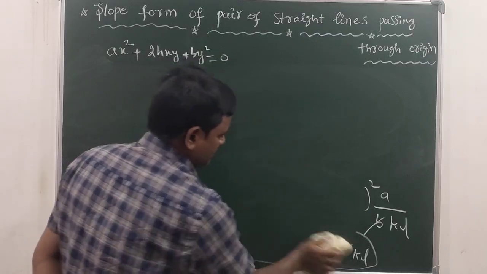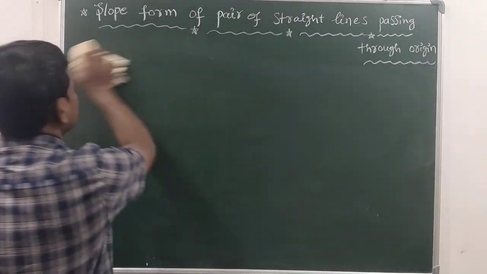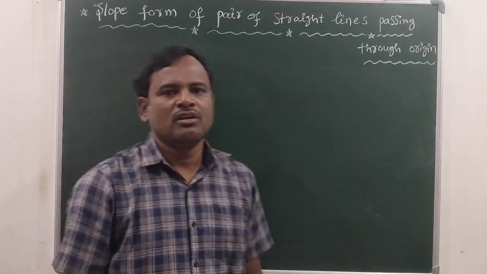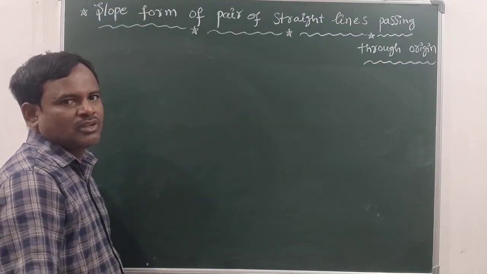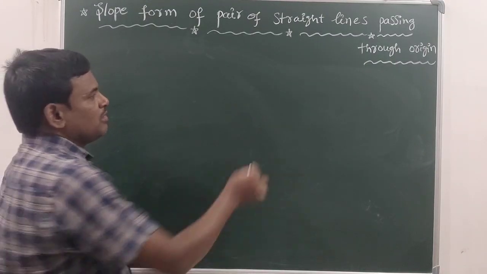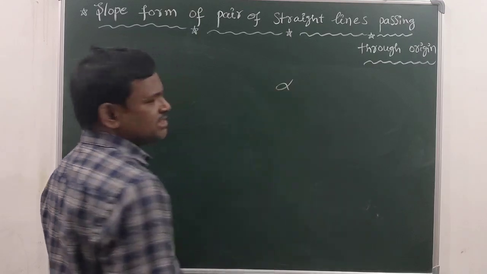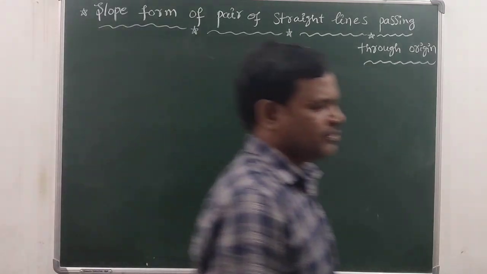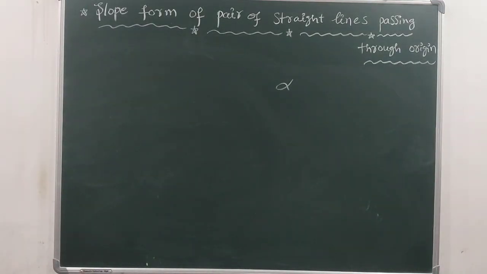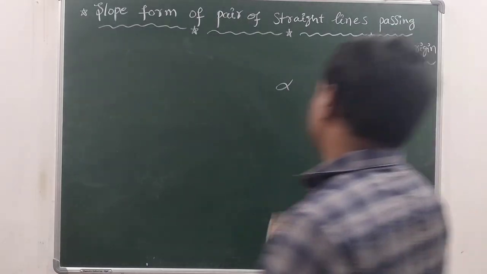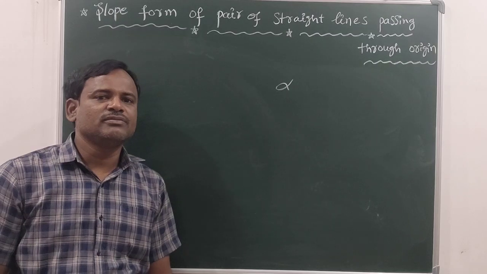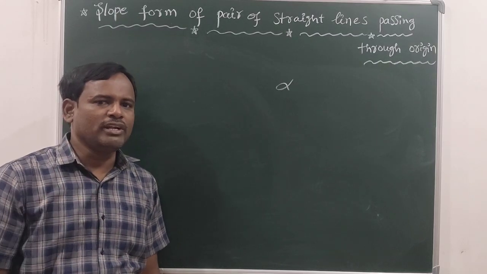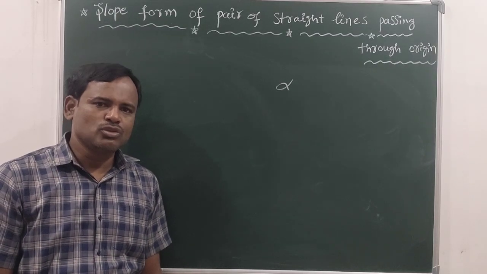Right. Next, suppose one root is nth power of the other. Here root is nothing but slope. So that pair has two lines which have slopes.